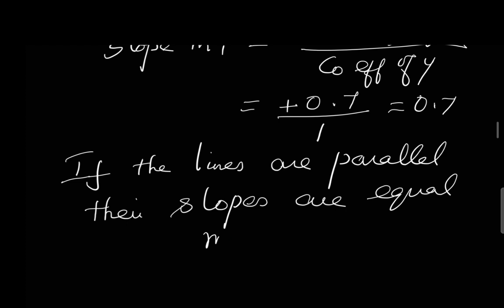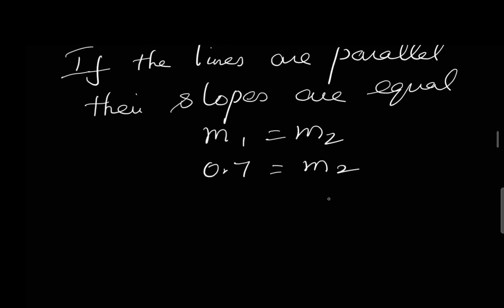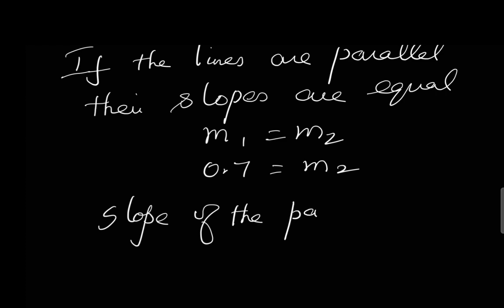So m1 is equal to m2. What you have got: m1 is equal to 0.7. That is our m2. So the slope of the parallel line is the same slope, 0.7.